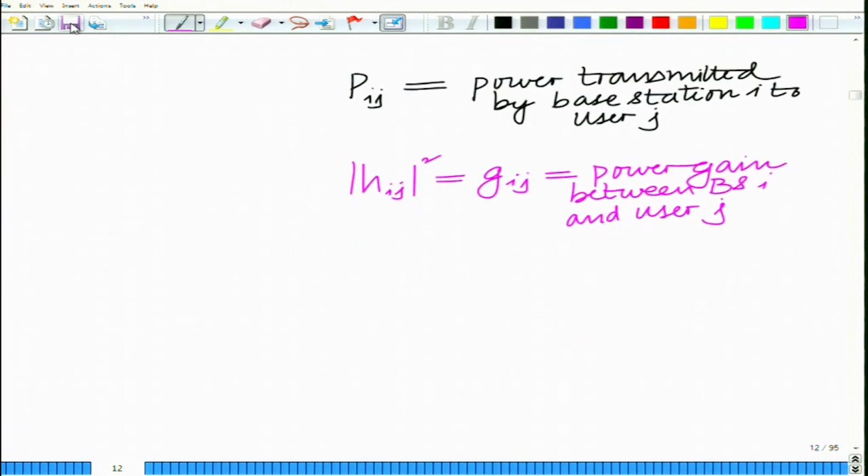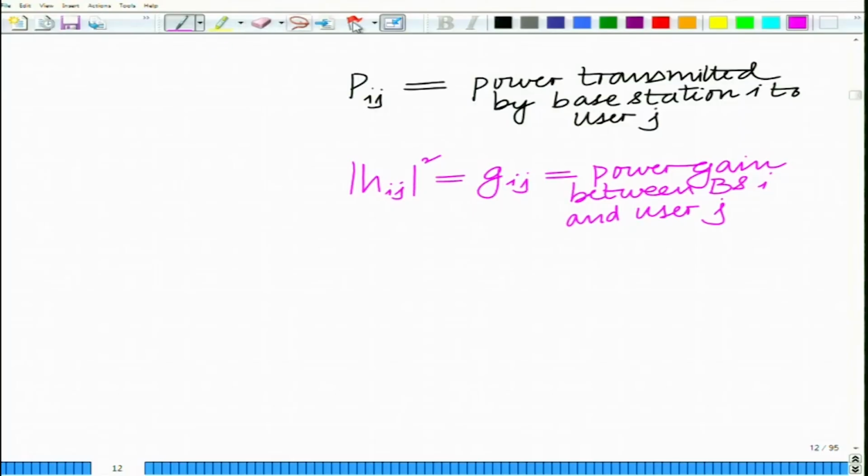Okay. So Pij denotes the power transmitted by base station i to user j, alright, and magnitude Hij is the fading channel coefficient, magnitude Hij squared, which is Gij, represents the power gain from base station i to user j. Okay.